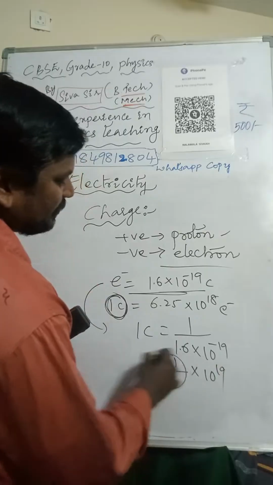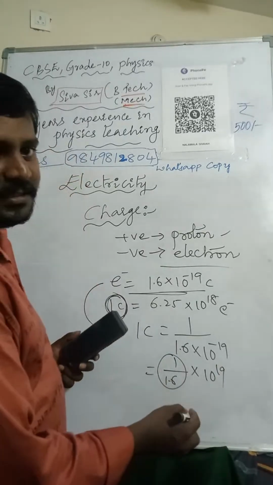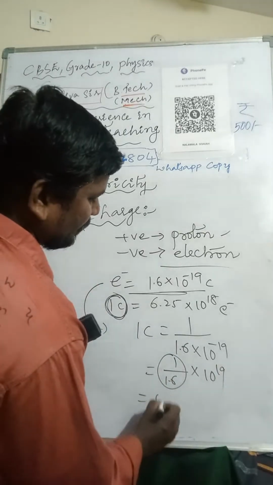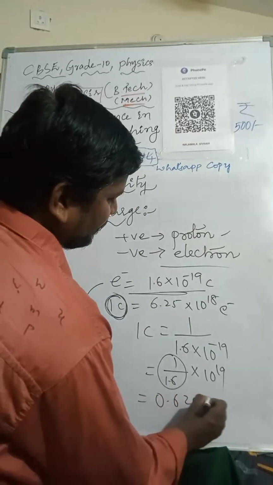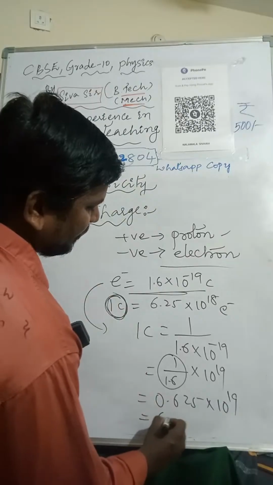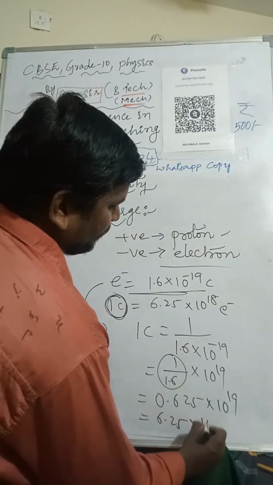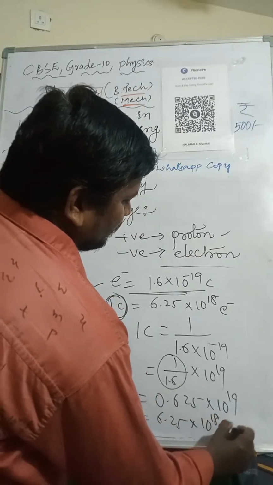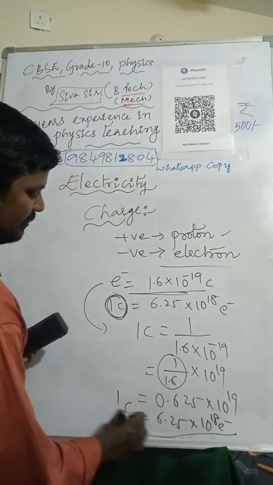If you do this, you'll get 0.625 into 10 power 19. Then you'll get 6.25 into 10 power 18 electrons.